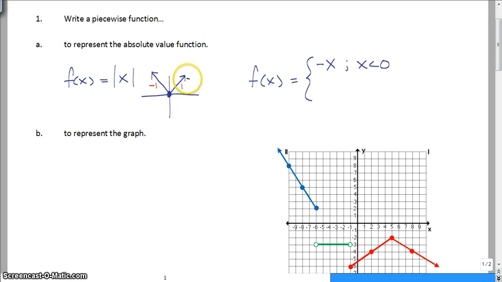To the right, the graph is going up. It has a positive slope, so it's just x, and this is only when x is greater than or equal to 0. We only need to have one of them be greater than or equal to, so you just have to pick one, so that you have a solid dot and you don't have another solid dot sitting on top. It doesn't really matter, but this is just proper.